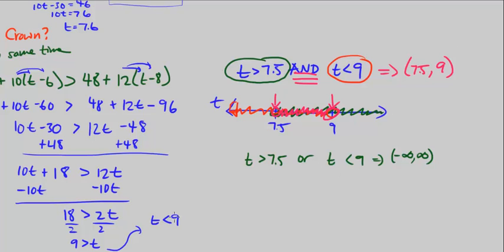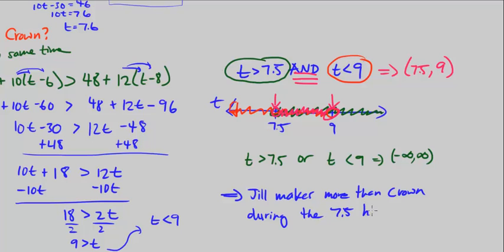To answer this question, we know that between 7.5 and 9 gives us this region. So when does Jill make more than Crown? Let's answer this in a sentence. Jill makes more than Crown during the 7.5 hour to the 9 hour mark.